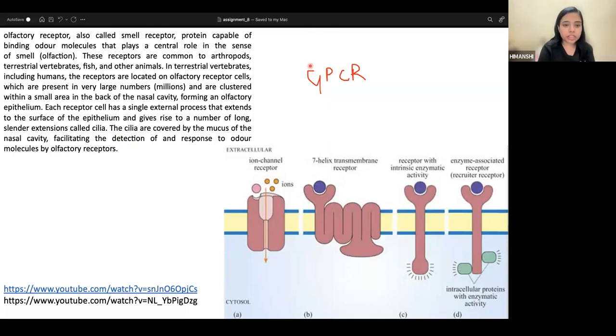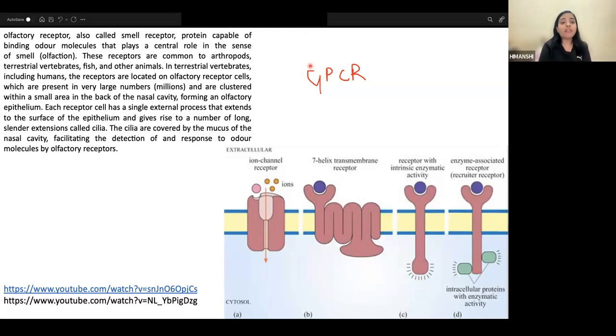In terrestrial vertebrates, including humans, the receptors are located on olfactory receptor cells, which are present in a very large number, millions, and are clustered within a small area in the back of the nasal cavity, forming an olfactory epithelium. Each receptor cell has a single external process that extends to the surface of the epithelium and gives rise to a number of long cylinder extensions called cilia. These cilia are covered by the mucus of the nasal cavity, facilitating the detection of and response to odor molecules by olfactory receptors.